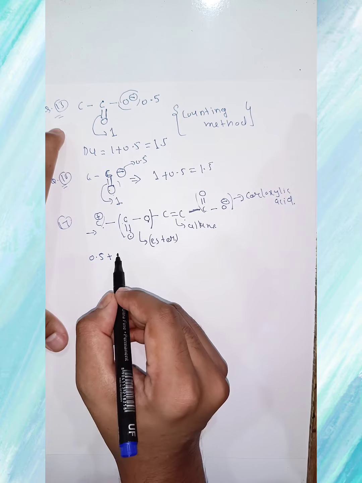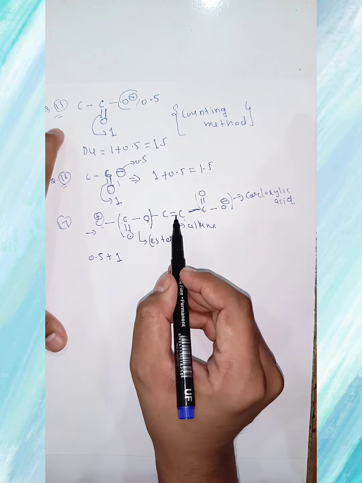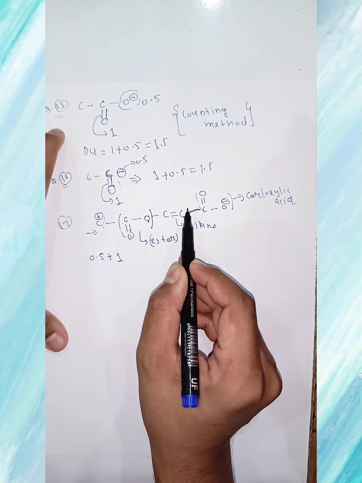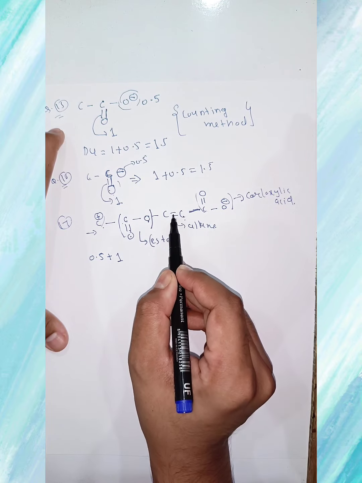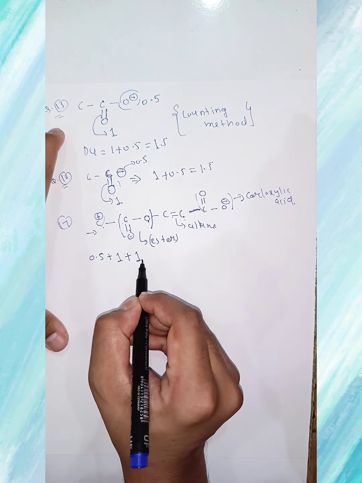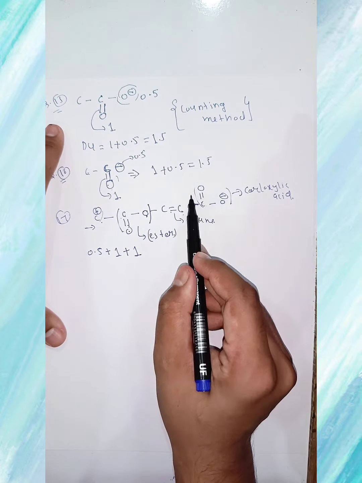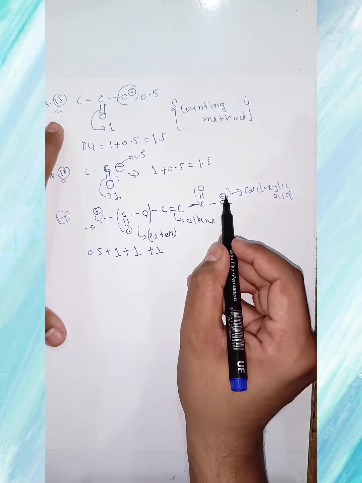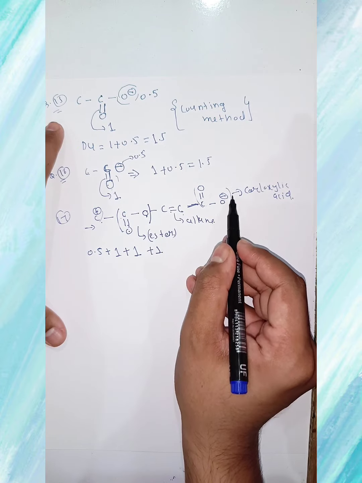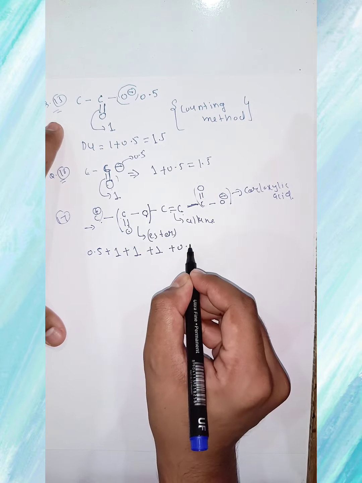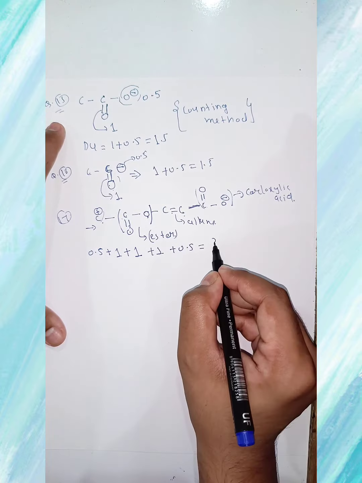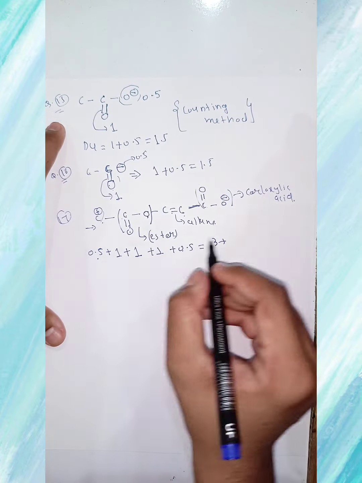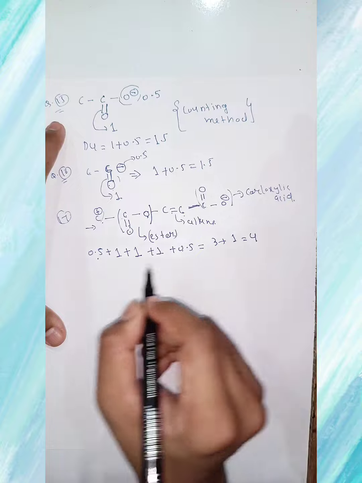C double bond O means a DU of 1. Now C double bond C, this is an alkene, a pi bond is coming here, means a DU of 1. Similarly on this carbon, C double bond O, a DU of 1, and this O has a negative charge, means 0.5. Sum this all: 3 plus 0.5 plus 0.5 is 1, that will lead to 4.